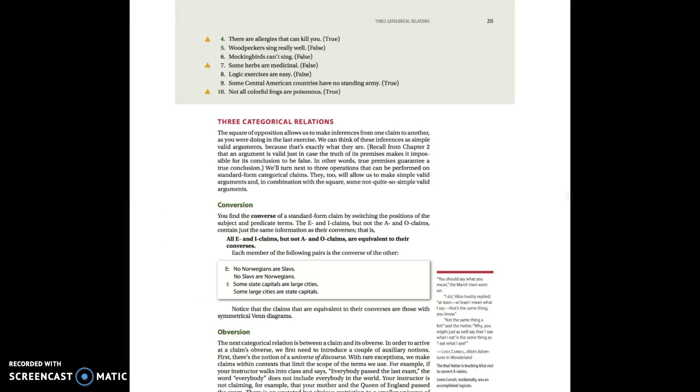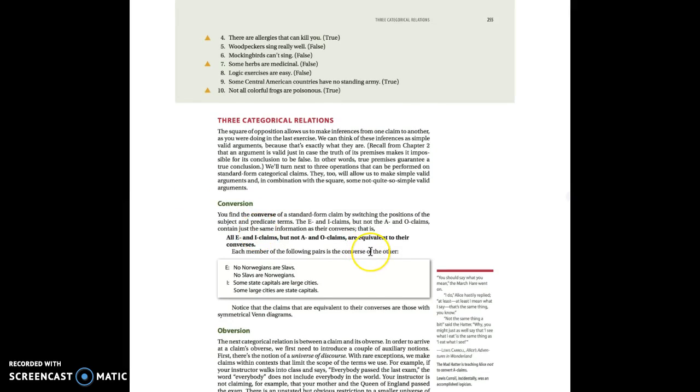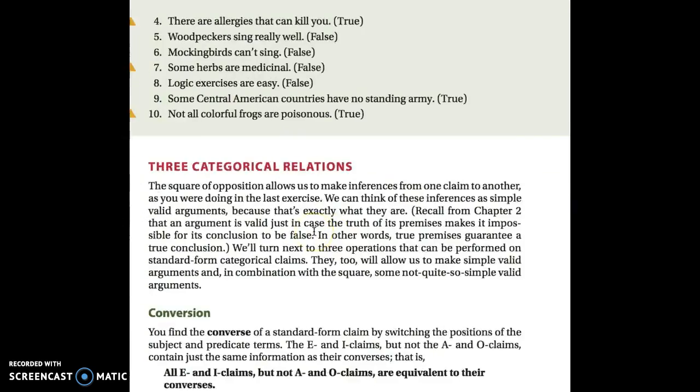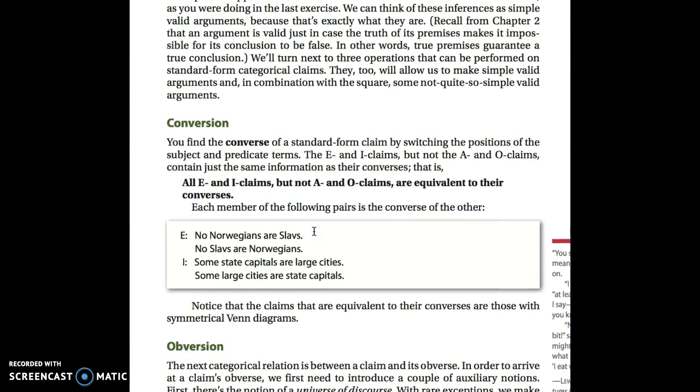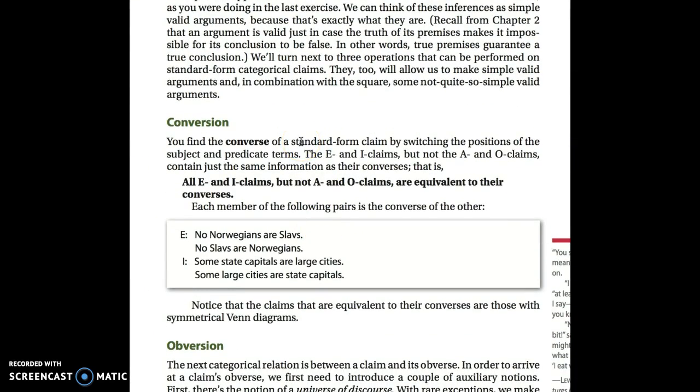Let me go over those very quickly. In terms of conversion, what we're doing here is taking an original categorical claim, whether it's A, E, I, O, and we're switching the subject and predicate. Subject and predicate get switched.